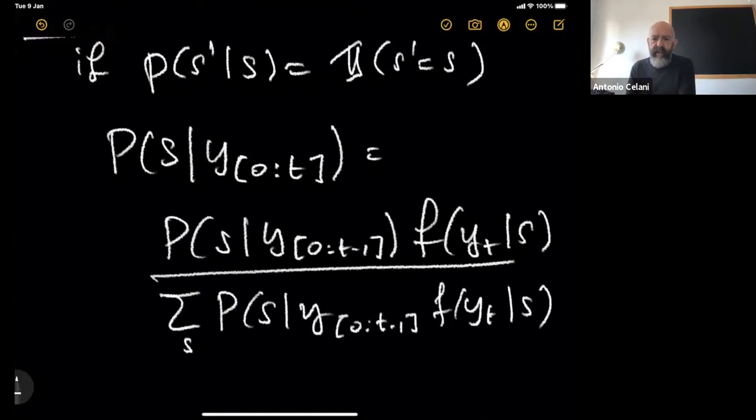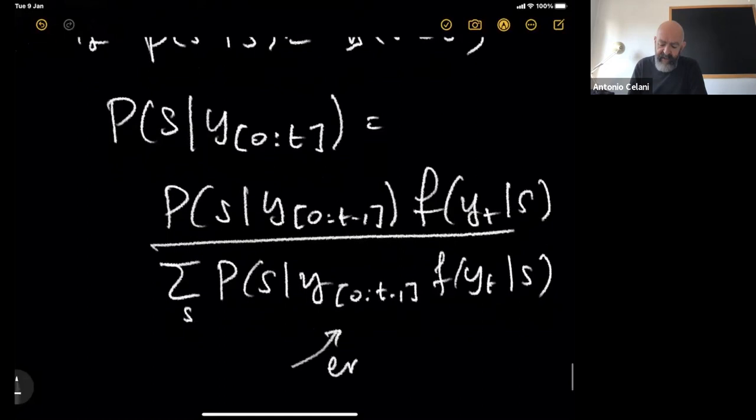Yes, priors, likelihoods. Below you have what is called the evidence, which is the normalizing factor for the numerator.